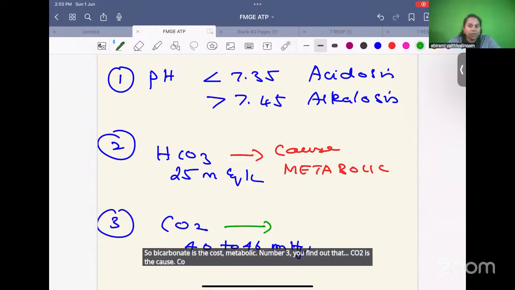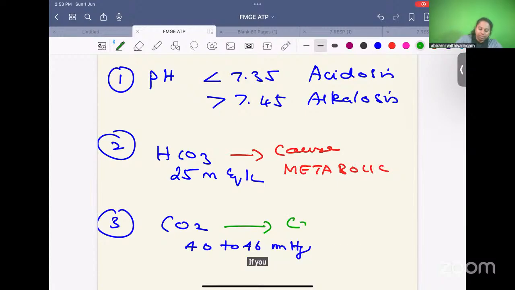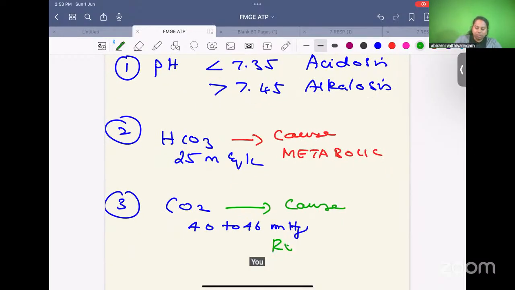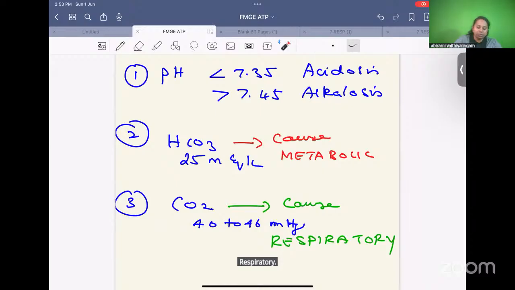CO2, carbon dioxide, is a volatile acid because it will form carbonic acid. So CO2 itself is an acid. If CO2 is the cause, CO2 means something related to lung. If lung is the cause, you name this disorder as respiratory.